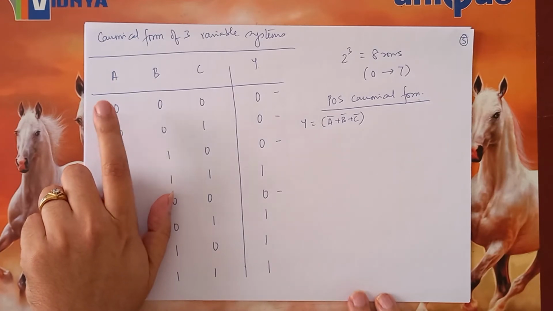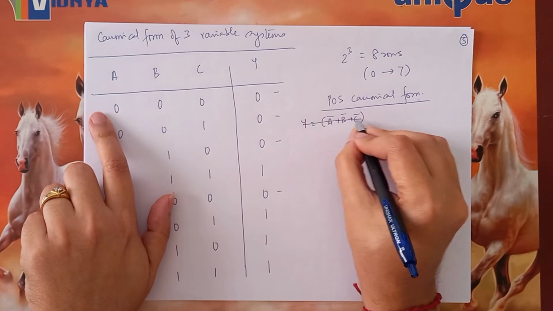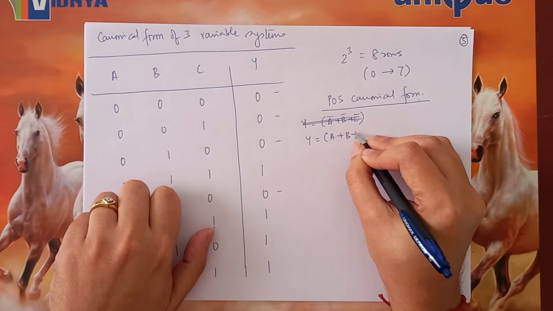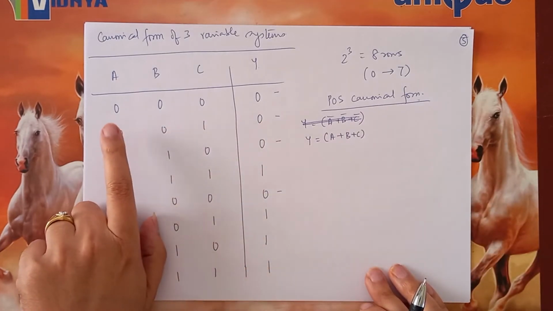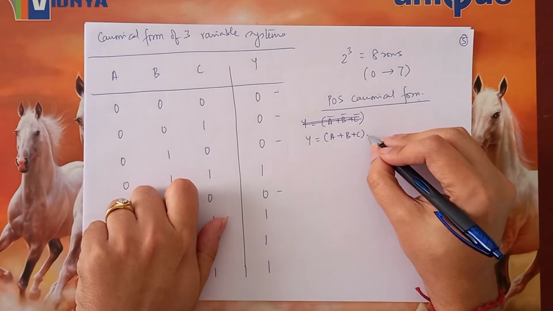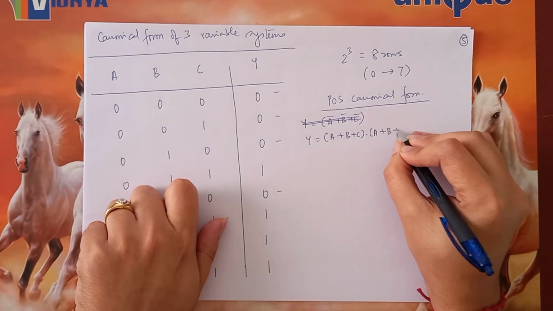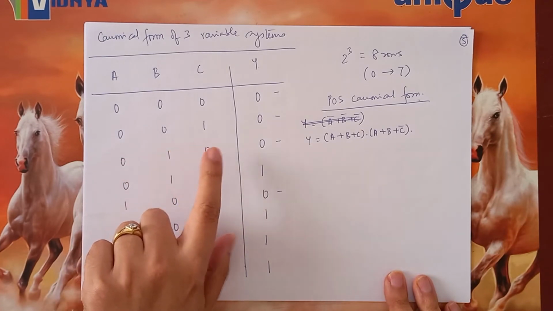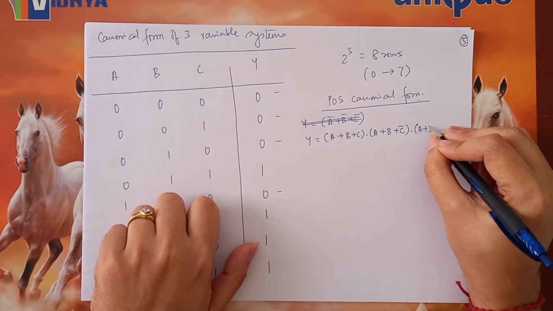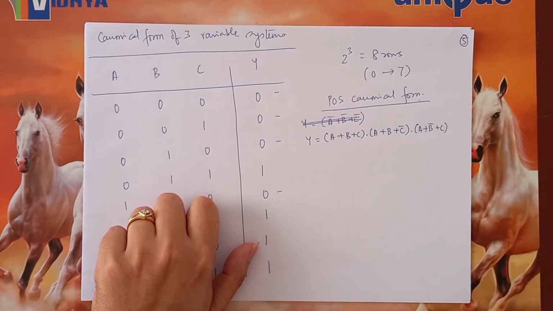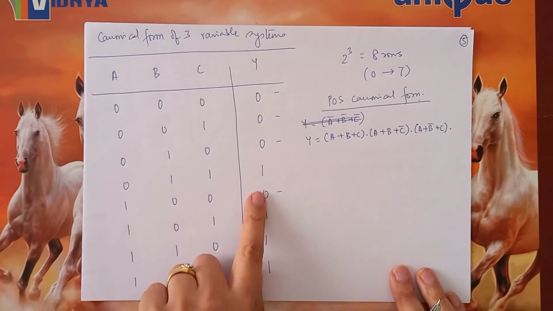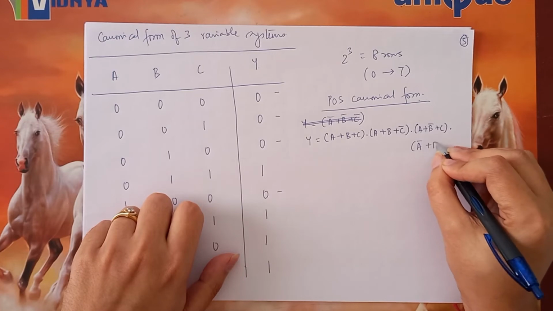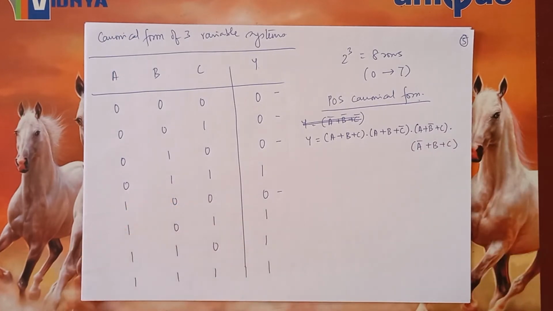No, this will not be A bar plus B bar plus C bar. This is a POS, so 0 means no bar. Then this term will be A plus B plus C bar. Next is A plus B bar plus C, dot this one, that is A bar plus B plus C. This is the canonical POS form.